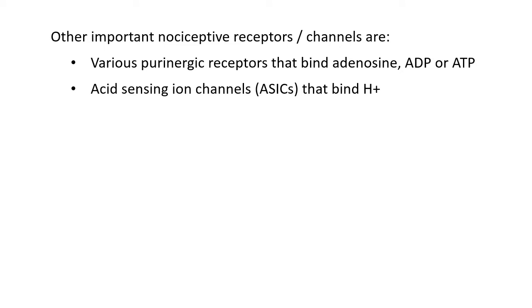Acid sensing channels, ASICs, bind protons, generally in acidosis. They allow an influx of sodium and calcium to cause pain or transduce pain. We'll come back to these when we talk about ischemia during the module.